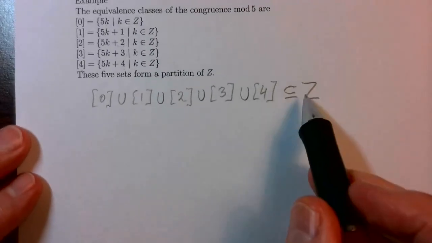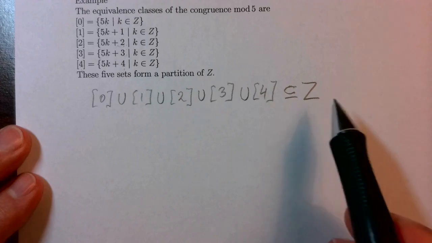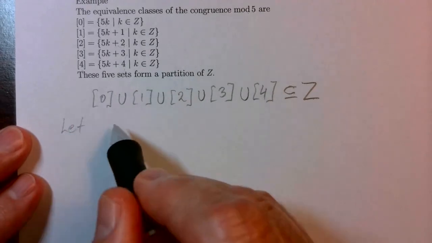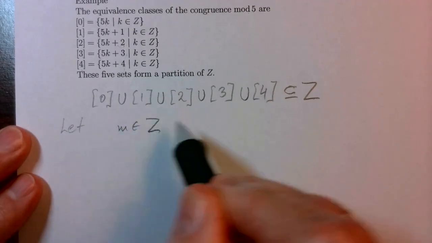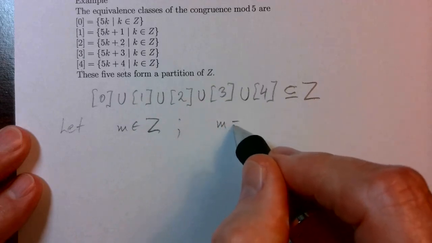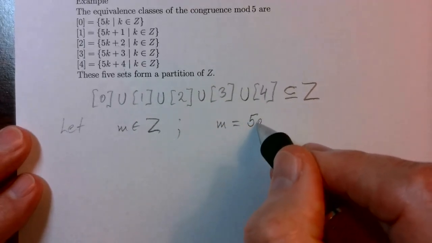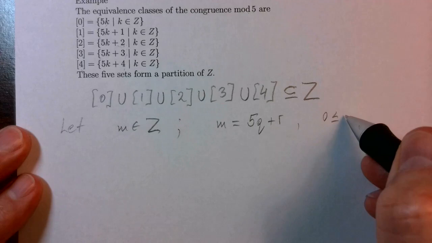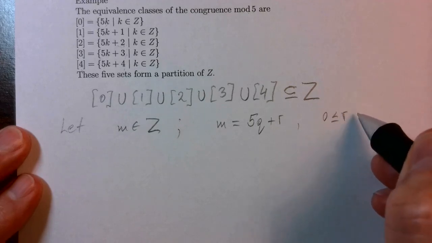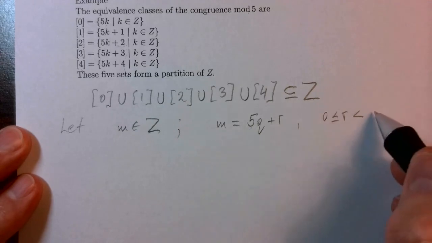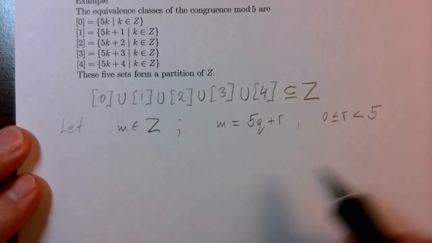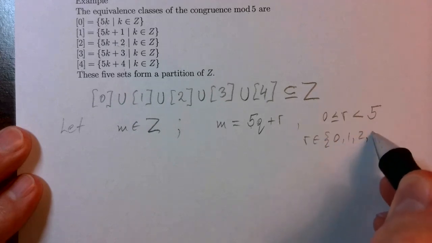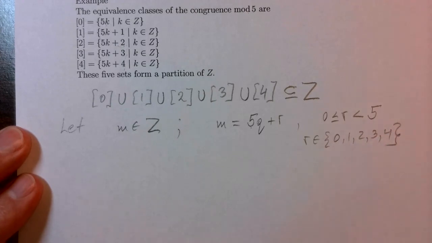Yes, all these sets are subsets of Z, so the union will be a subset of the set of all integers. To prove that they are equal, we have to show that any integer belongs to this union. So let m be any integer. Then we divide m by 5. We get a quotient and a remainder. And by definition, the remainder r is a non-negative integer strictly less than 5. So r is one of the numbers 0, 1, 2, 3, and 4.